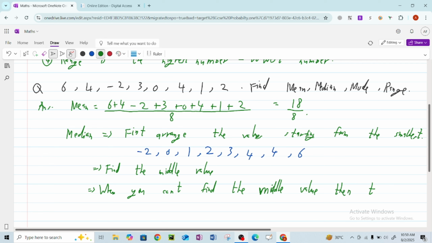Then take the two middle values and add them, then divide by 2.